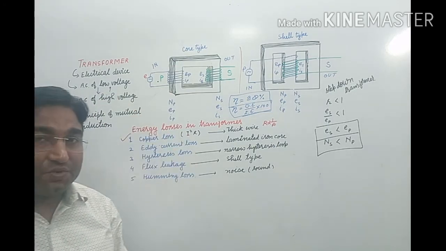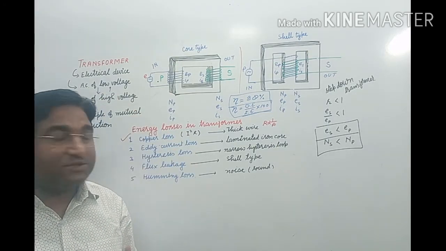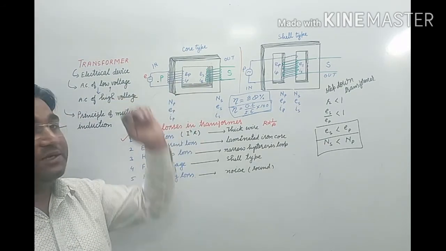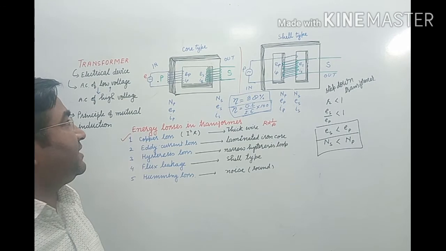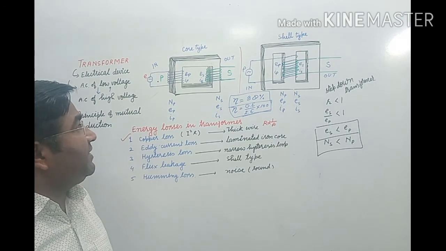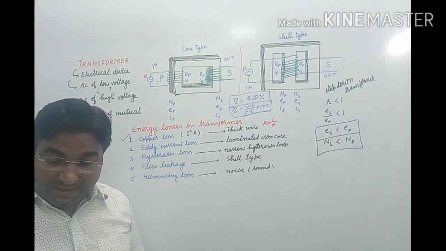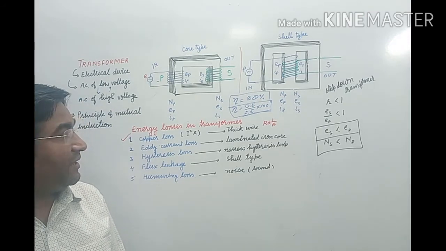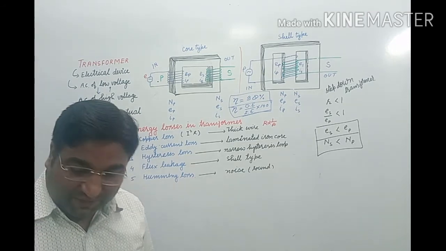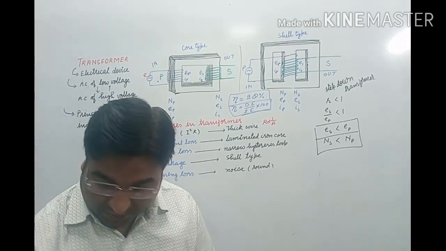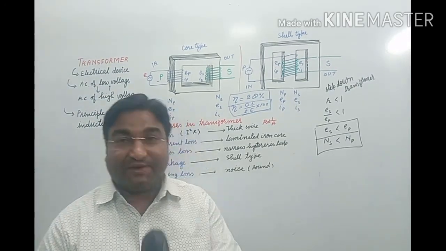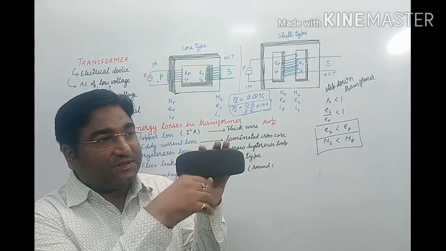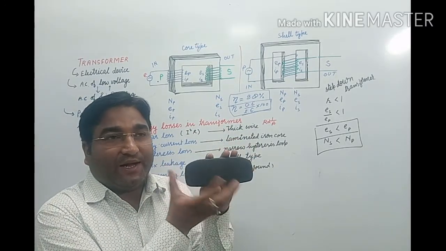When the flux through an iron core changes with respect to time, that change in magnetic flux produces eddy current inside the magnetic material. We can minimize the eddy current effect by taking a laminated iron core. If we take a single thick iron core, the chances of formation of eddy current are very high.